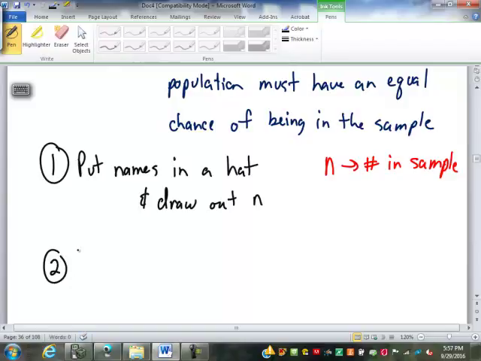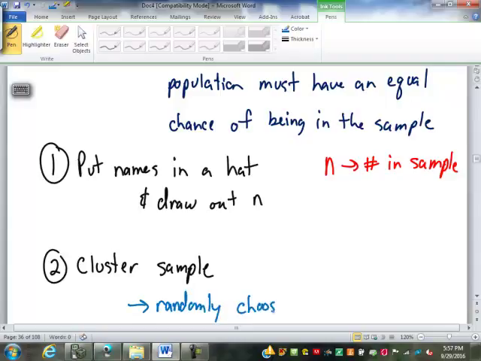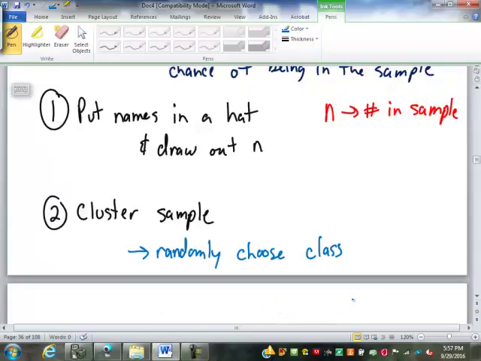The second method I'm going to do is going to be called a cluster sample. In a cluster sample, still looking at that student example, I'm going to randomly choose classes, and I'm going to survey everybody in the class.